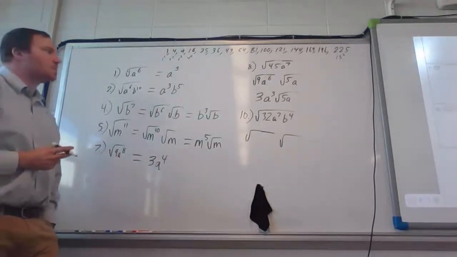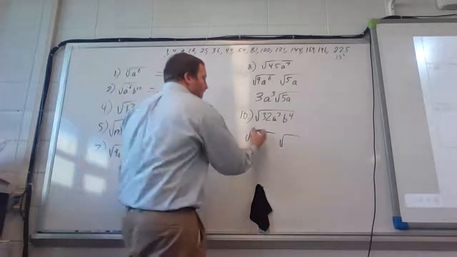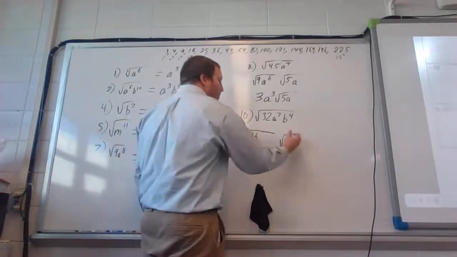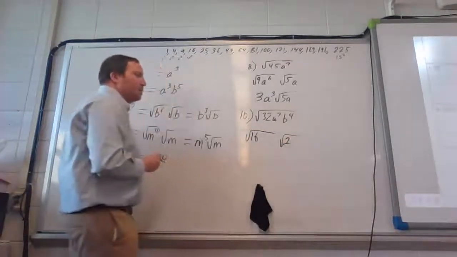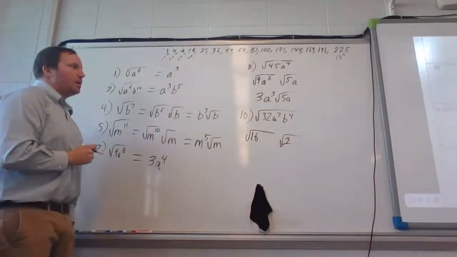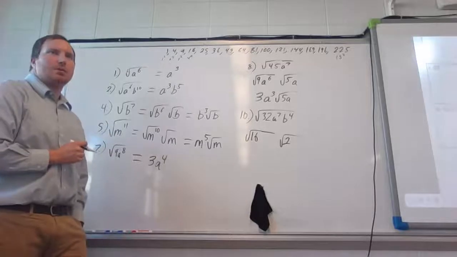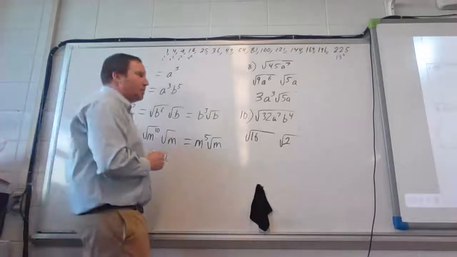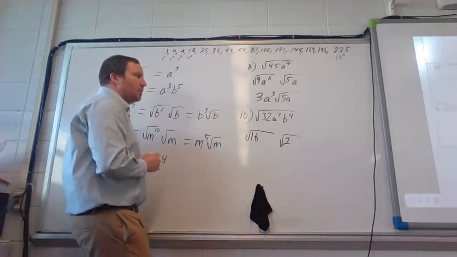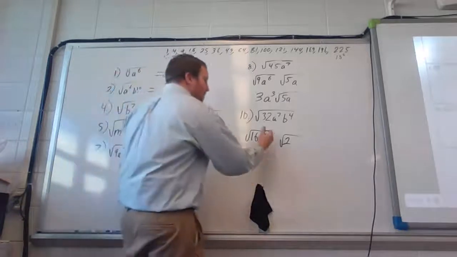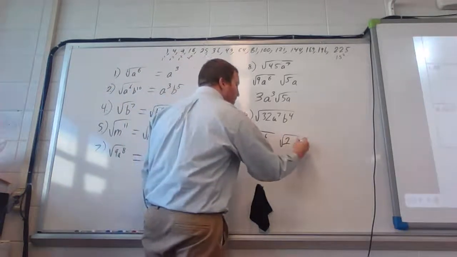I went 6 and 6. Okay. So 8 and 4 gets us close, but we can go a little bigger. 16 and 2. And then a to the 7th will be split into a to the 6th and a.